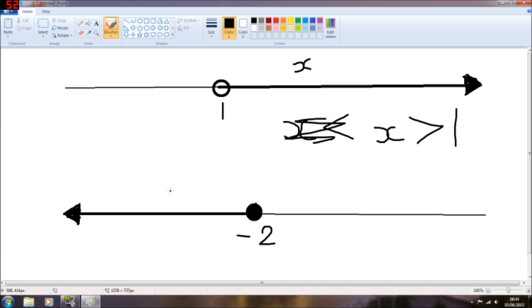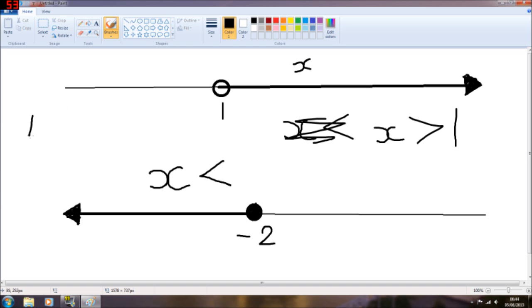And the way you write this is x is smaller than, basically, when this half completed triangle is facing a number, it means this number is bigger. And this end here, the pointy end, represents smaller.